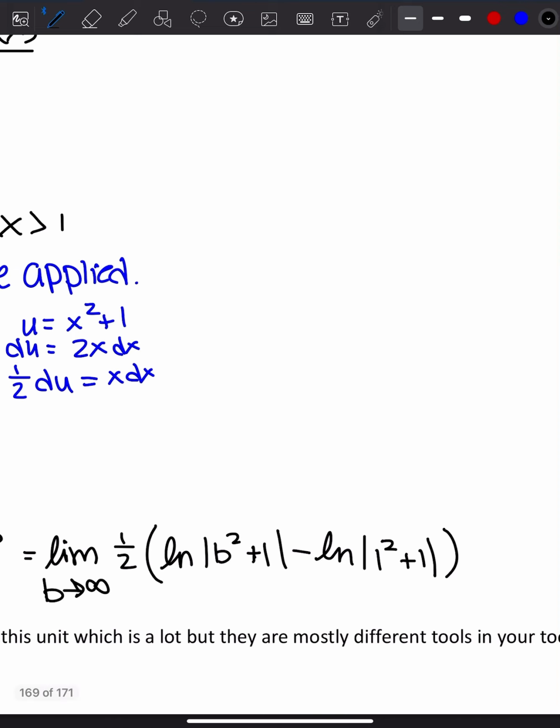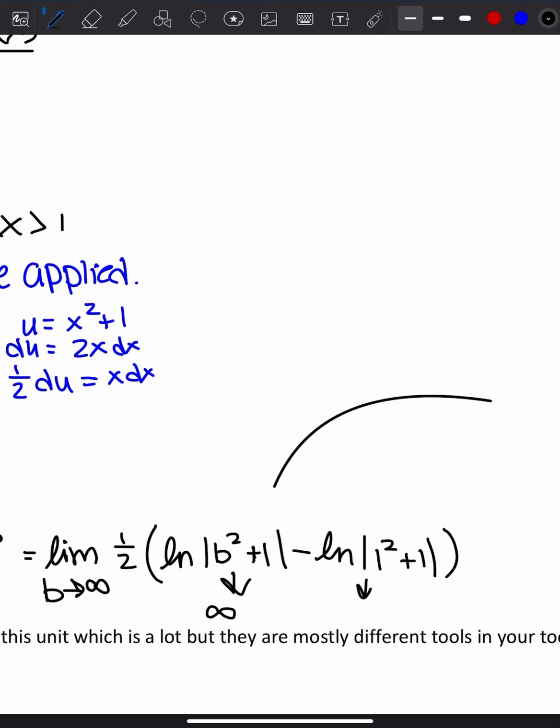Okay, so b squared plus 1 natural log, this is still going to be our natural log function, and as it goes on forever, it's still going to increase even if it's little by little. So this right here is going to go towards infinity.